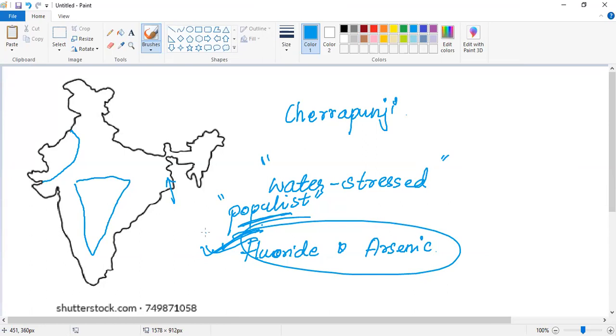Next point: what increases the impact of the drought is the failure on the part of the government to respond to the crisis.